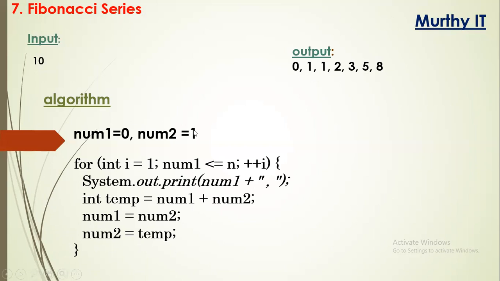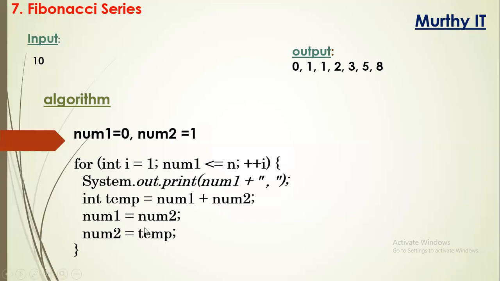Now in the third iteration, number 1 holds 1, and 1 is printed. Then temp equal to number 1 plus number 2: 1 plus 2 is 3, so temp stores 3.